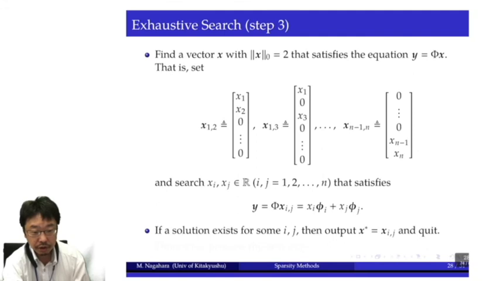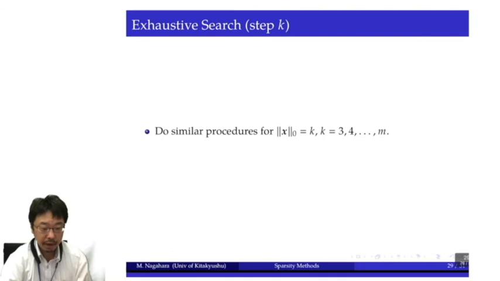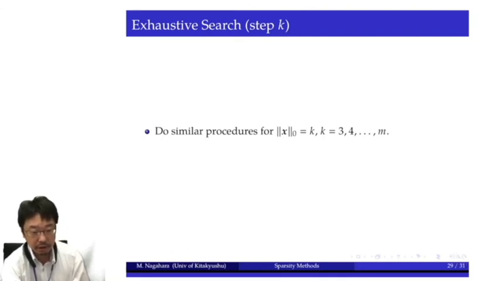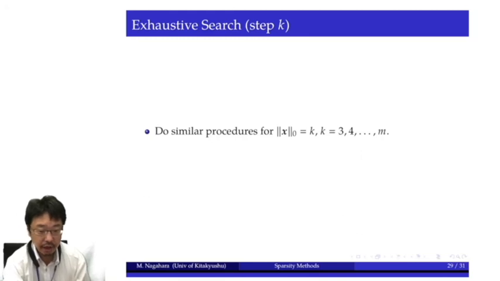If a solution exists for some i and j, then output x asterisk is xij and quit. Otherwise, proceed to the next step. Step k, do similar procedures for k-sparse vectors for k is 3, 4, up to m.